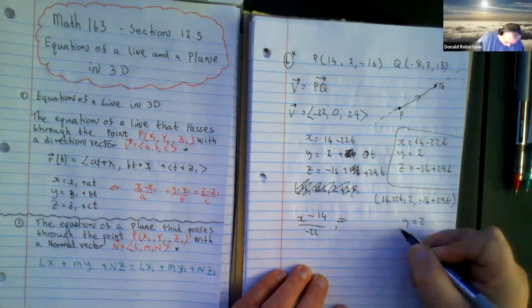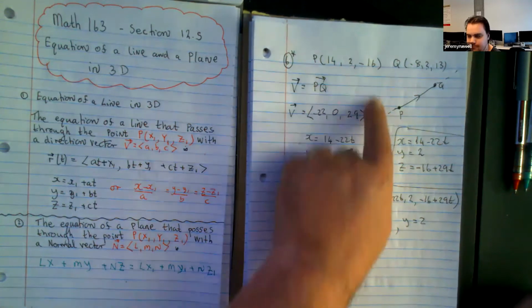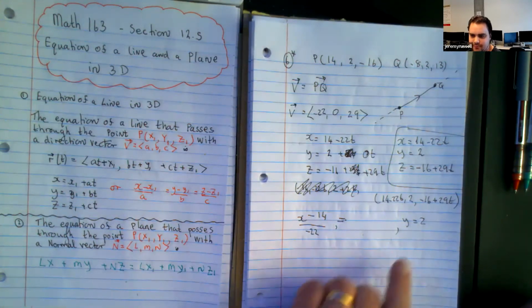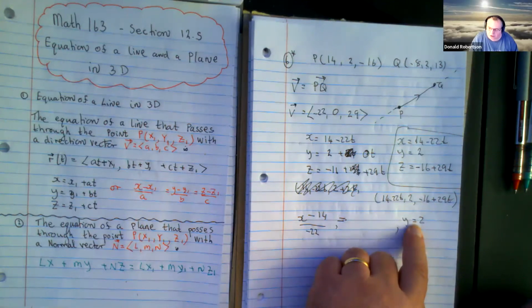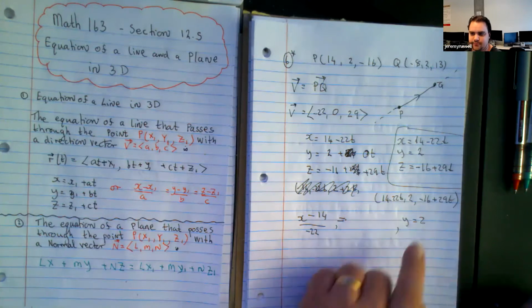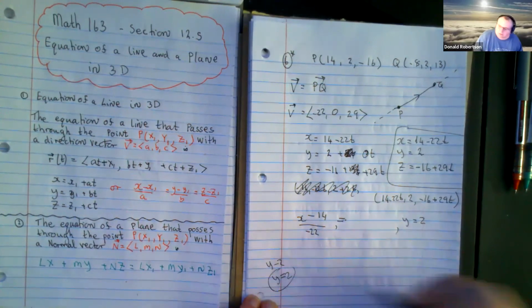It's just y equals 2, right? Are we good? Technically speaking, it's y minus 2, which I then convert to y equals 2.